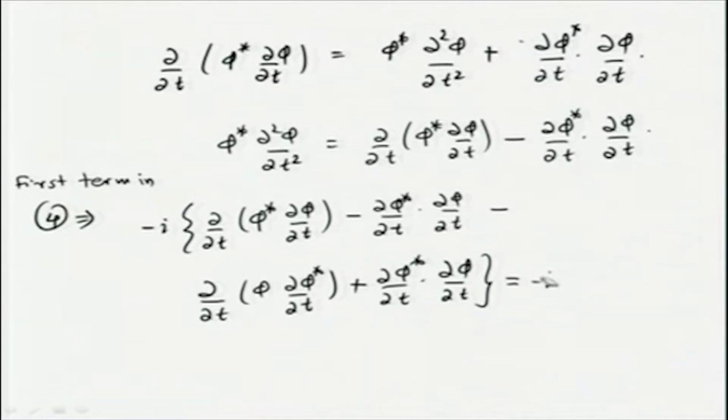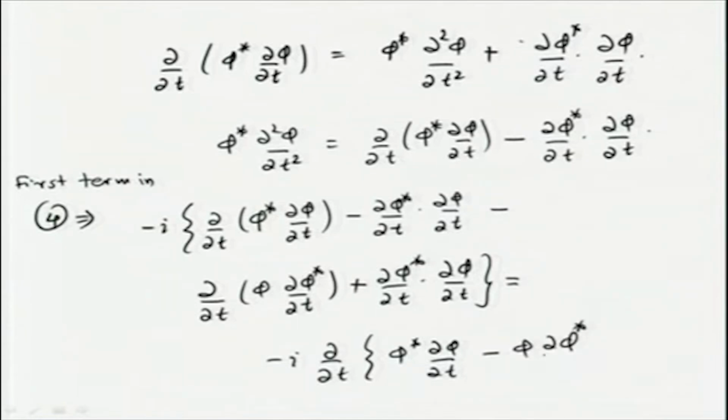So, that will give me minus i, total derivative acting on phi star ∂phi/∂t minus phi ∂phi star/∂t. Let me call this equation 5.